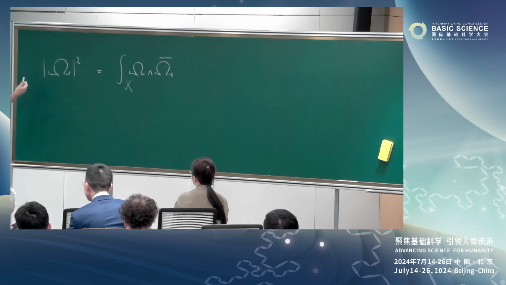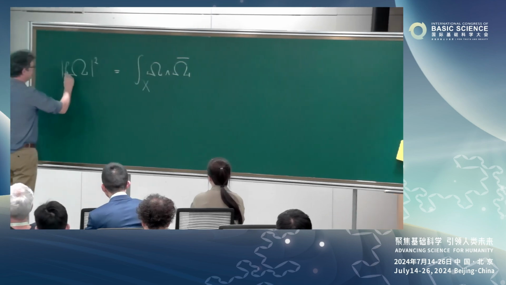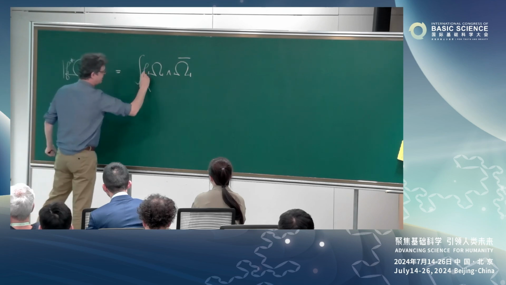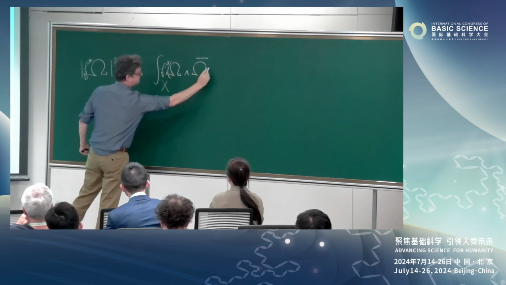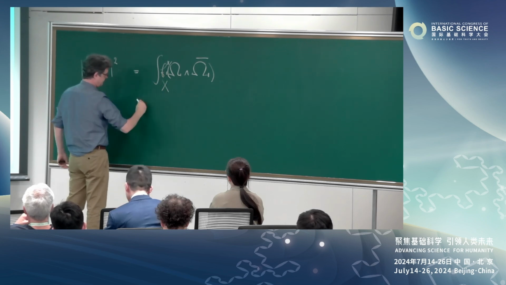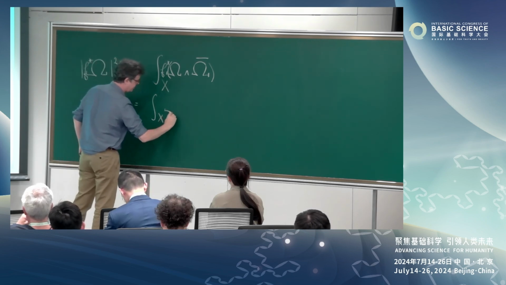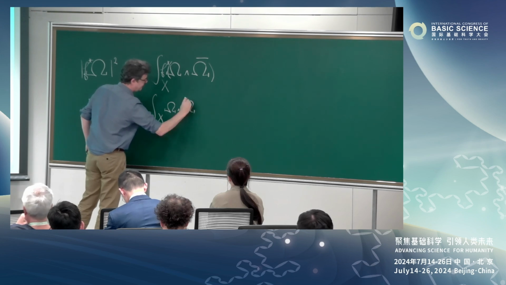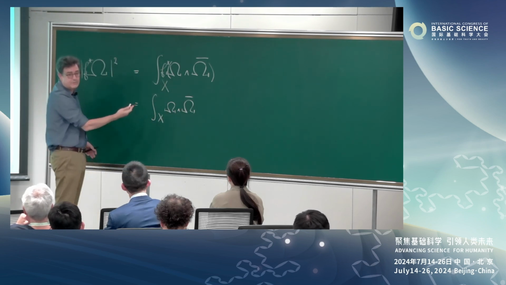And if you let your automorphism act on it, you just pull back a volume form. So this number is just the same number multiplied by the topological degree of F, which is 1.